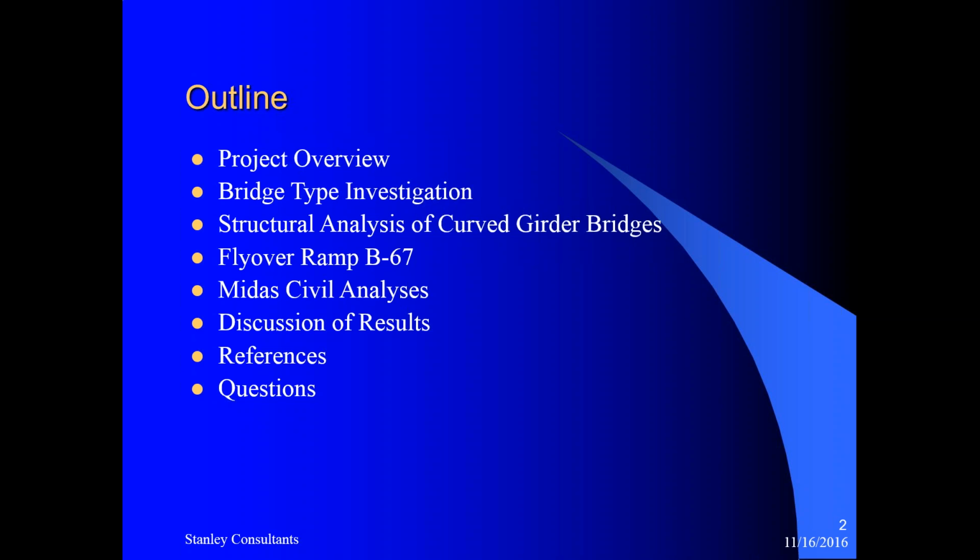After that, I will go a little bit more in detail into the practical considerations of structural analysis of curved girder bridges. And after that, I'll briefly look at one of the flyover ramps, which is ramp B67, the ramp with the most curvature.